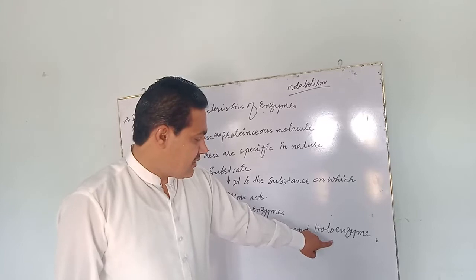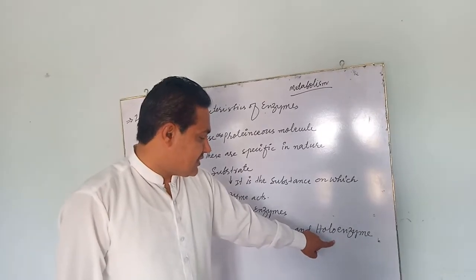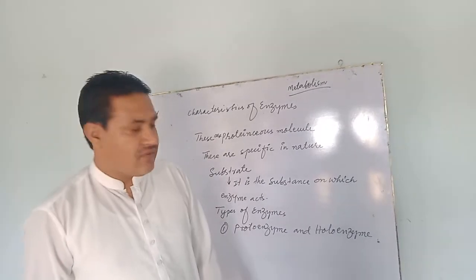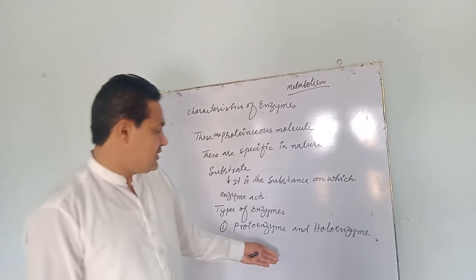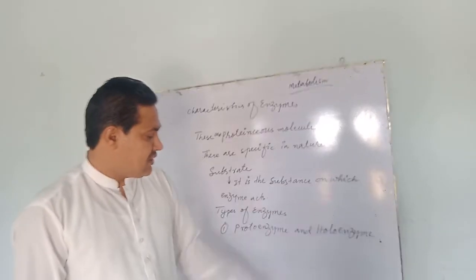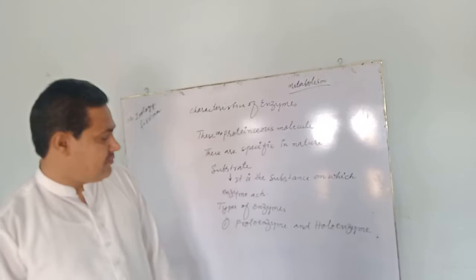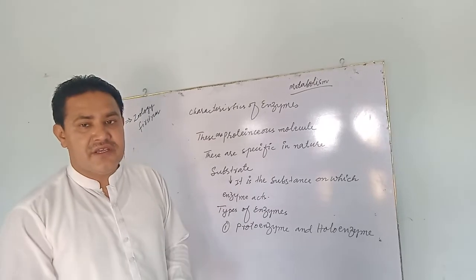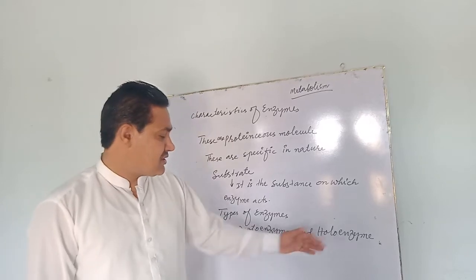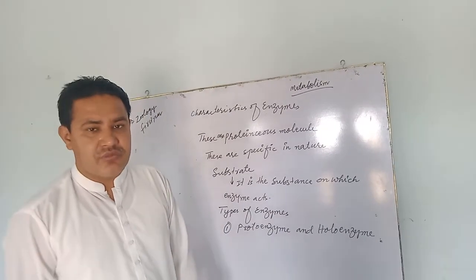Holoenzyme is an enzyme which contains two parts. One is the proteinous part and the other is the non-proteinous part. The proteinous part is called apoenzyme and the non-proteinous part is called prosthetic group.